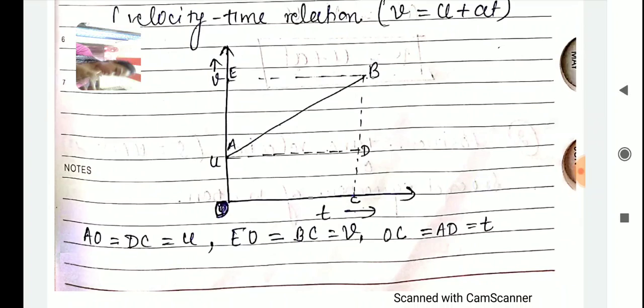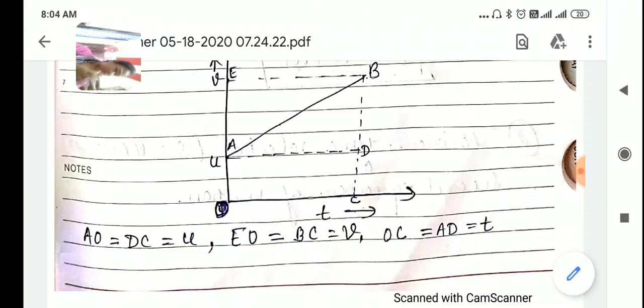That means this straight line AB is not starting from O, the origin, because we have some initial velocity that is represented by u, and after that the object attains uniform acceleration, which is represented by the slope AB.